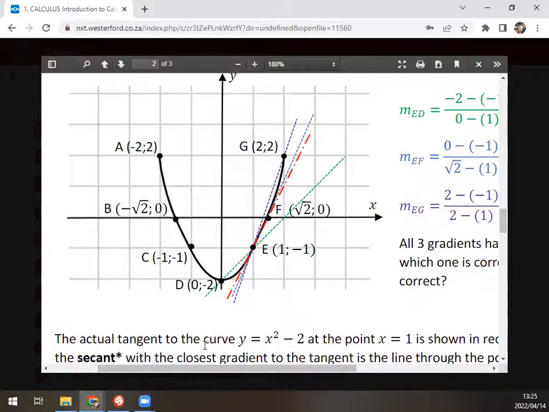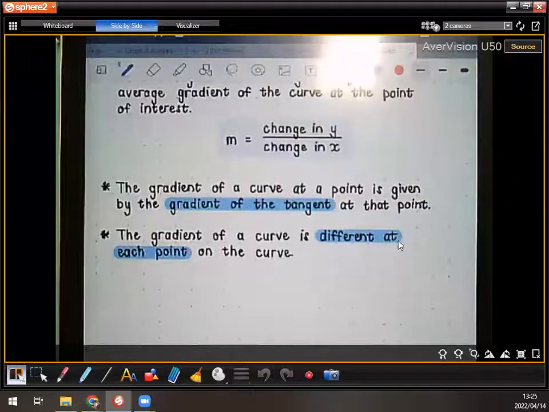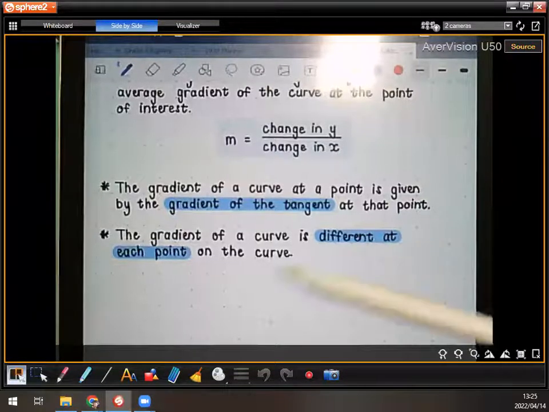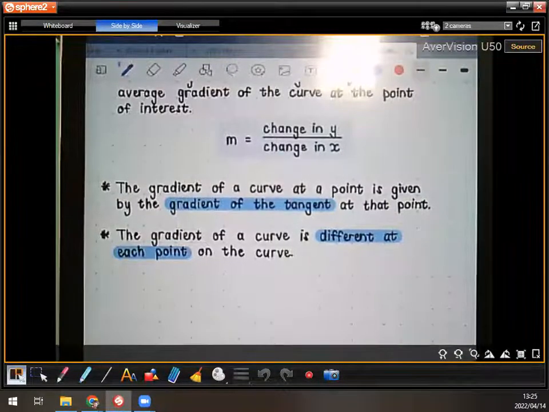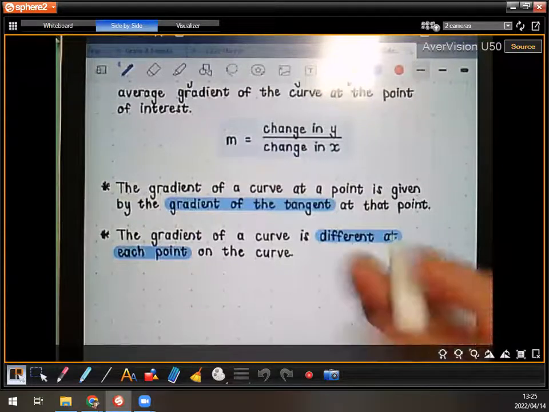So what I'm saying in this note is that the gradient of a curve is different at each point on the curve. At point E, the gradient will be different from at point A or at point G, because you have a different tangent at each of those points. Maybe we should add that there.